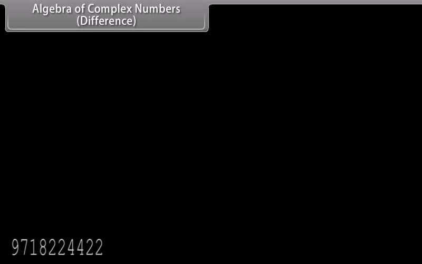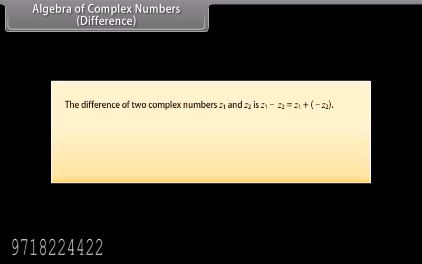Algebra of complex numbers. Difference. The difference of two complex numbers Z1 and Z2 is Z1 minus Z2 is equal to Z1 plus minus Z2.